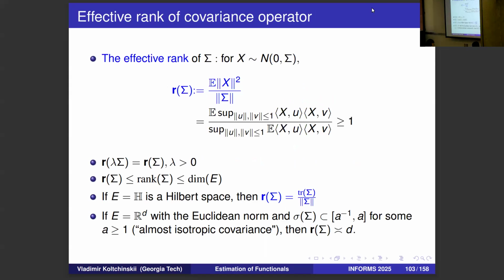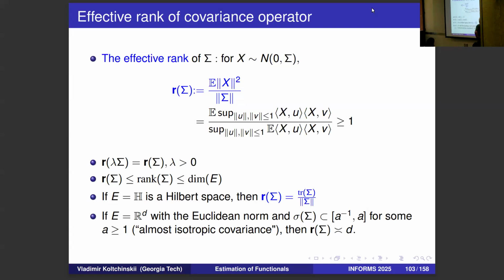It's defined as the ratio of the expectation of the norm of X squared divided by the norm of sigma. It's a valid definition in any Banach space. You can rewrite numerator and denominator this way, and when it's written this way, you immediately see that effective rank will be greater than or equal to 1.